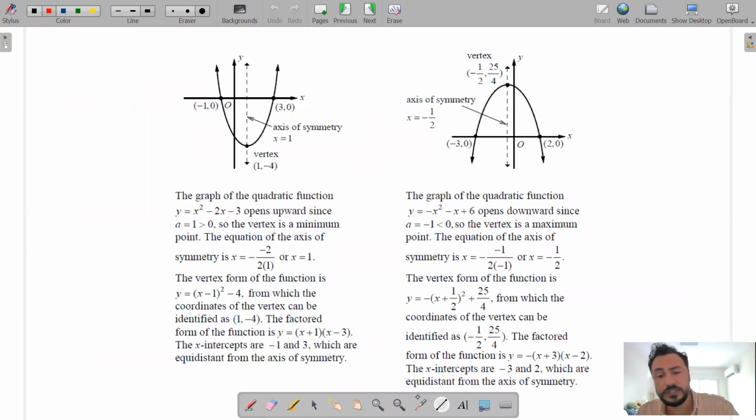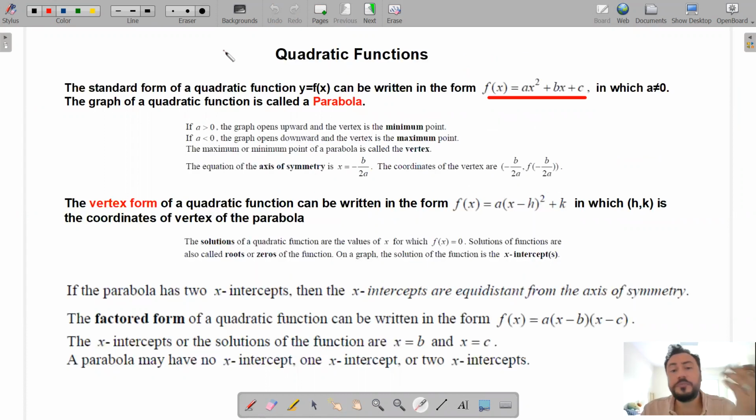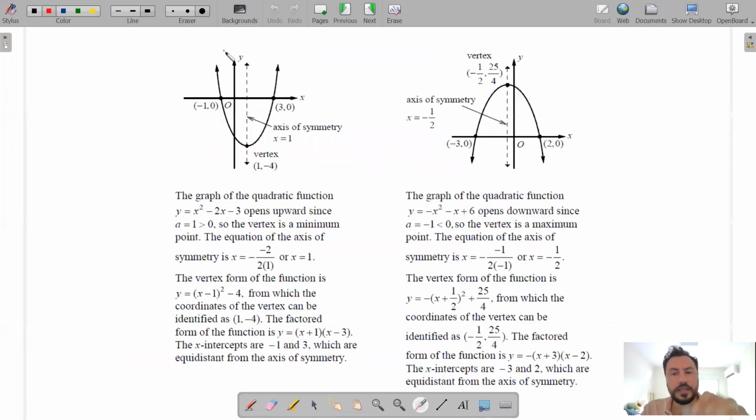The parabola is this type of figure made in our xy plane. The parabola itself and the quadratic function itself have some characteristics. One of the first characteristics, and I'll go back to drawing, is that you either have a lowest point, or a highest point, a minimum point or a maximum point.